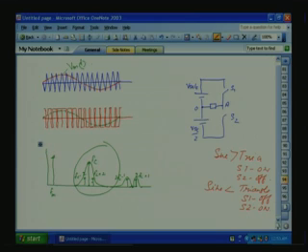We are using the same sine triangle PWM technique, such that VAB is equal to VA0 minus VB0. If we have one more limb here. Okay. Now, the load is here.